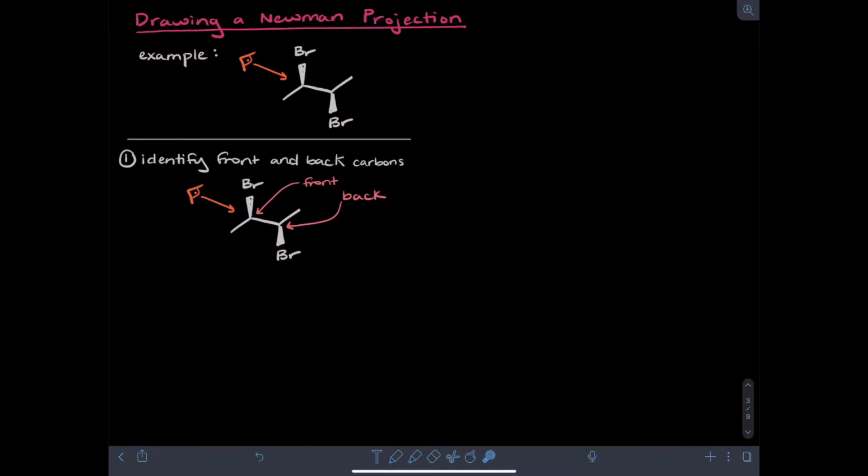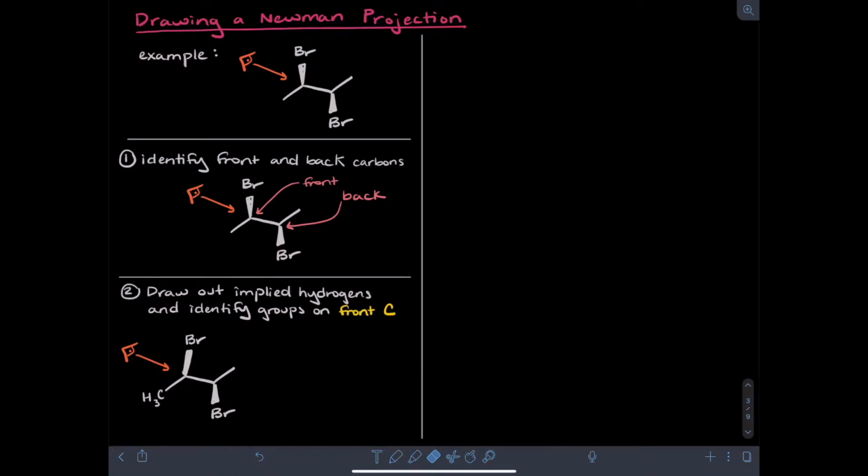Here I've labeled these front and back carbons from this observer's perspective. The next thing you want to do is draw out any implied hydrogens on the front carbon and identify the groups and their positions relative to the observer. Because the front carbon has two lines and a wedge already, the hydrogen must be a dash.